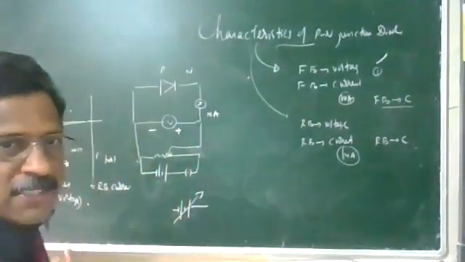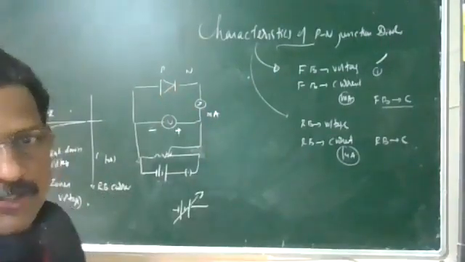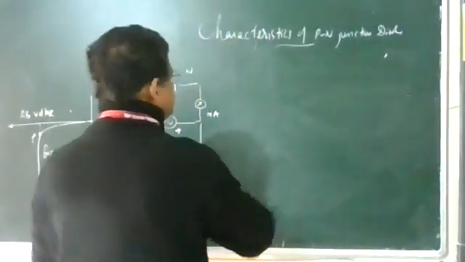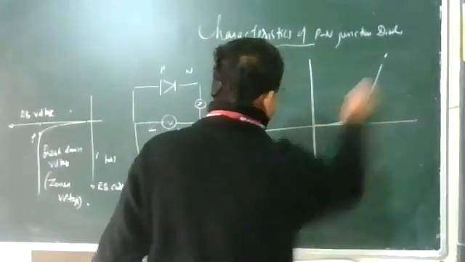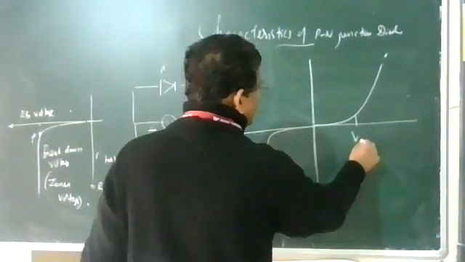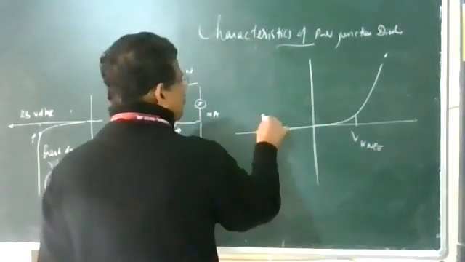We combine the graph together. This is the reverse bias graph separately, and the forward bias graph separately. So what are the characteristics of a PN junction? Draw the diagram together. This voltage is known as V, the breakdown voltage.